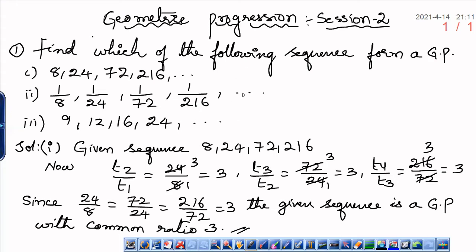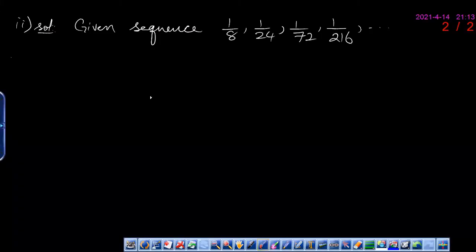So I want you to solve the second and third problems. Okay, Tejaswini, explain the second problem. Okay, sir. Here the given sequence is 1 by 8, 1 by 24, 1 by 72, and 1 by 216.